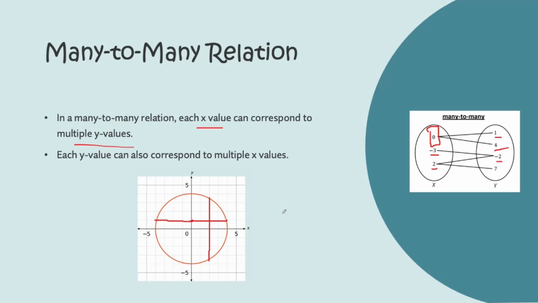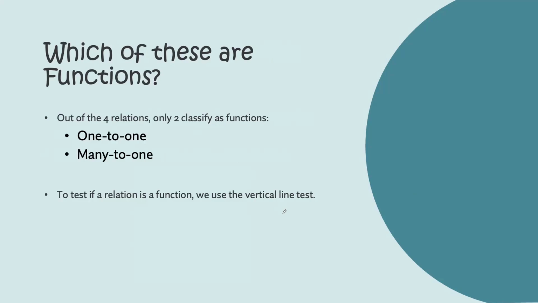Now, how do we classify which of these 4 relations are functions? Only 2 of these relations classify as functions, and those are the one-to-one relation and the many-to-one relation. To do a simple test of that, we use the vertical line test.